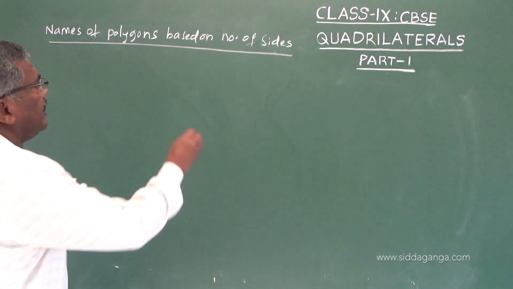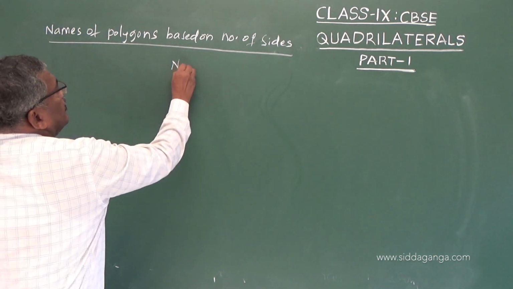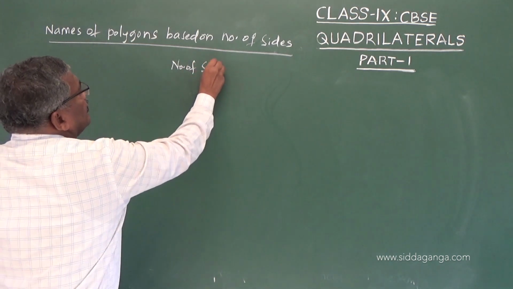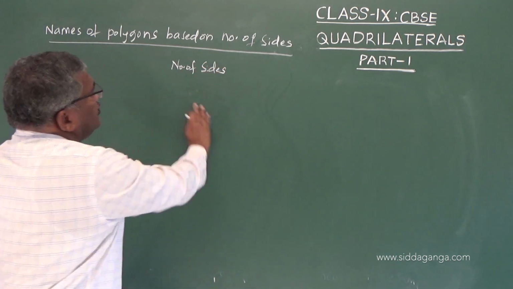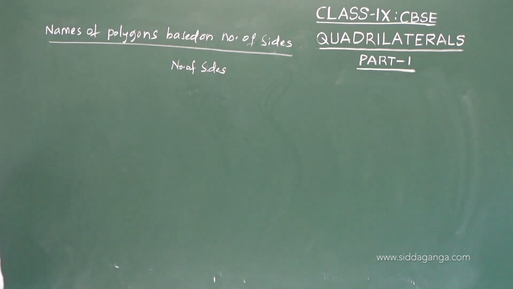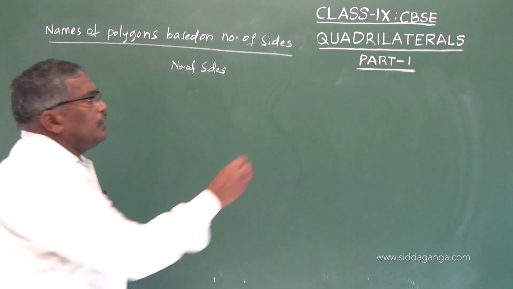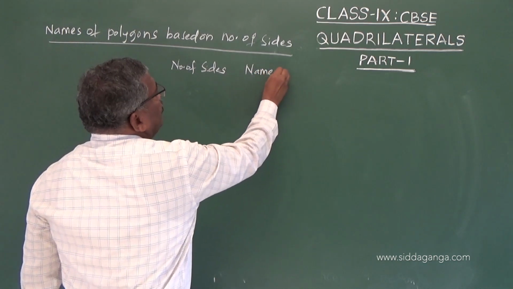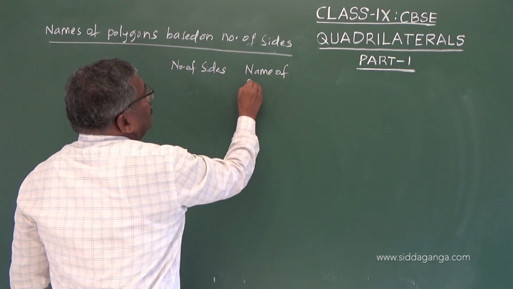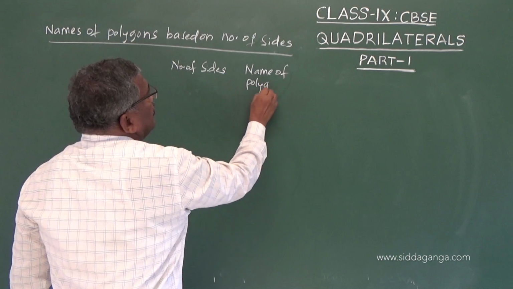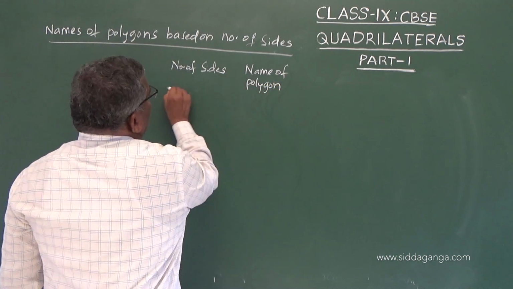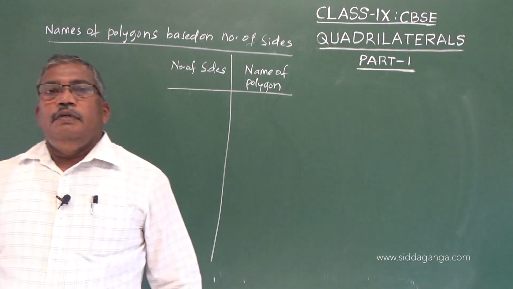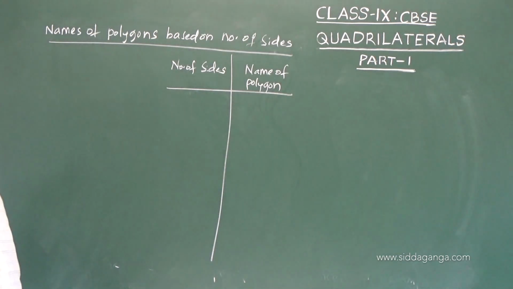So number of sides, name of the polygon. We can have a small table.